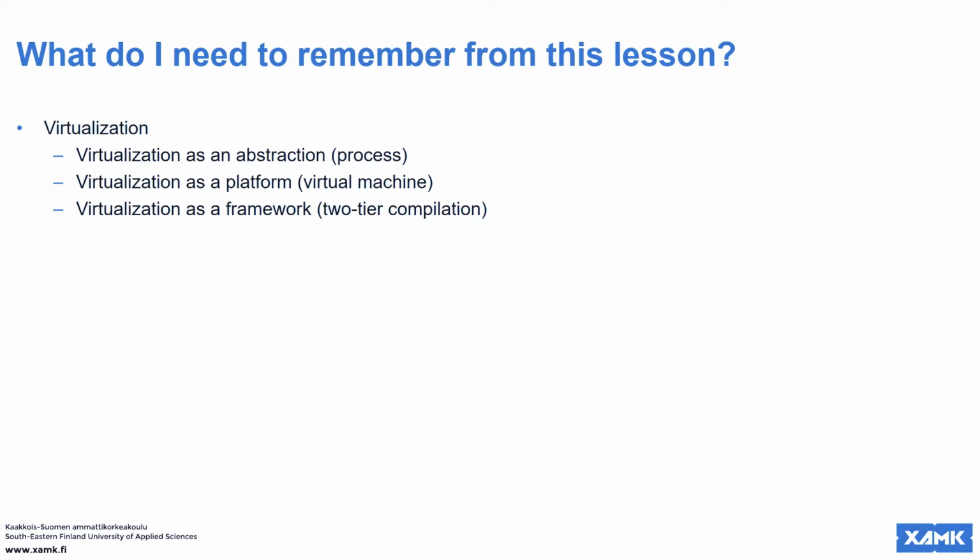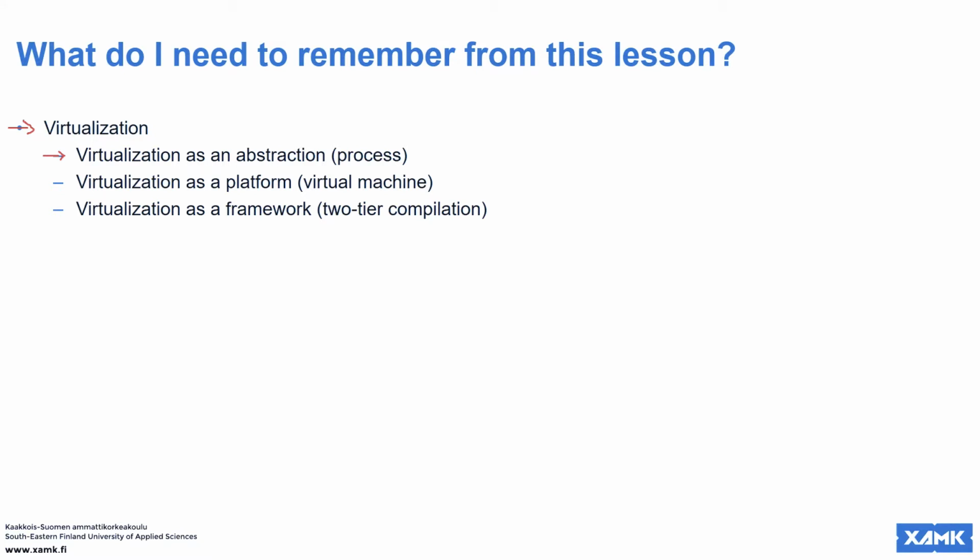Finally, what are the key takeaways from this lecture? So we basically talked about virtualization. Let's give these different types of virtualization some nice high-level names. First of all, we talked about virtualization as an abstraction.